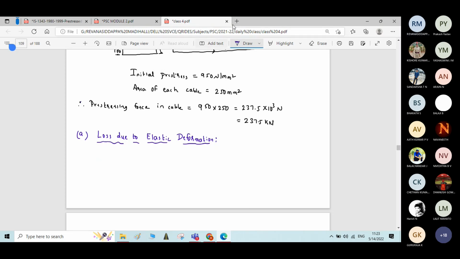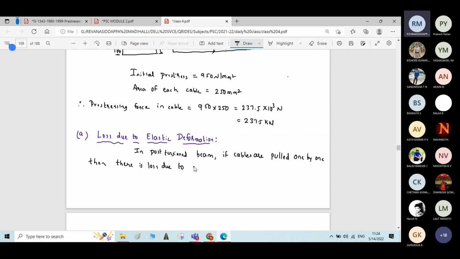Now, below you write a sentence. In post-tensioned beam, if cables are pulled one by one, then there is loss due to elastic deformation.